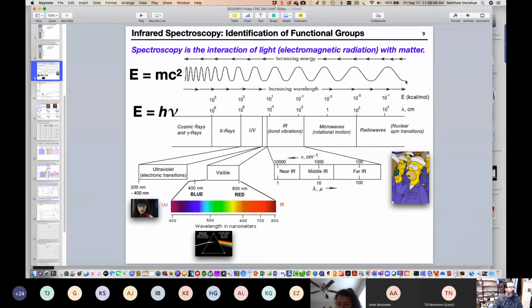But as we scan from right to left here, you see that wavelength decreases, and that means the energy increases. So if you look at the corresponding type of wave at the other end of the spectrum, cosmic or gamma rays, the wavelength's really short. That's really high energy. You're probably all familiar with X-rays from having an X-ray done at some point in your life. If you broke a bone or you had a bad cough and they did a chest X-ray, those are really high energy.